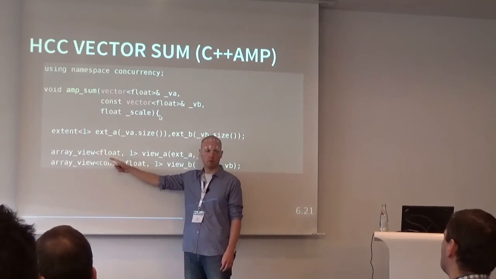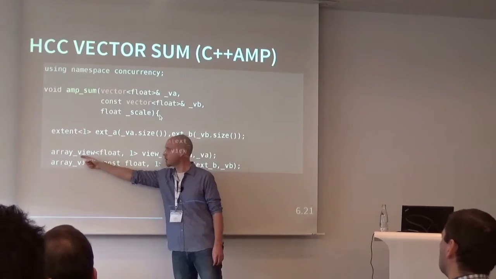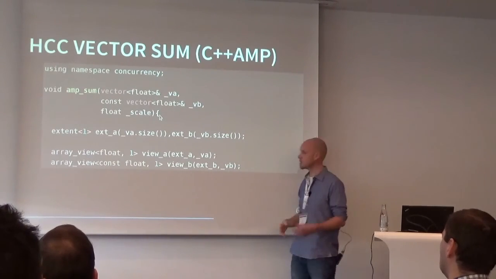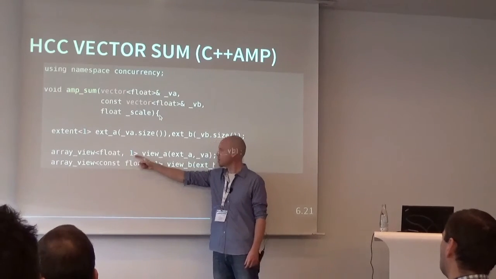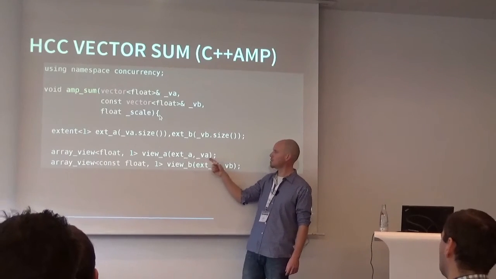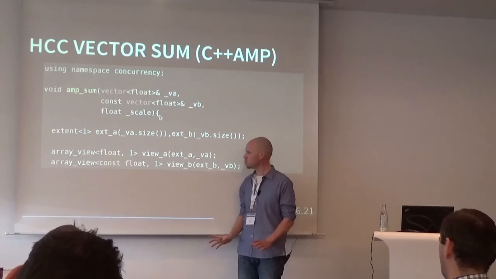So I don't have to copy anything per se when I get a pointer. I can say, well, this is a very thin abstraction on top of a given vector, for example. And I can tell it, well, I will get an array, don't copy it, just leave it where it is. It has this extent, and it comes from this object, or this reference in this case. So that's a pretty nice step forward.